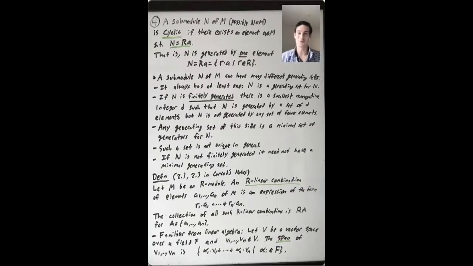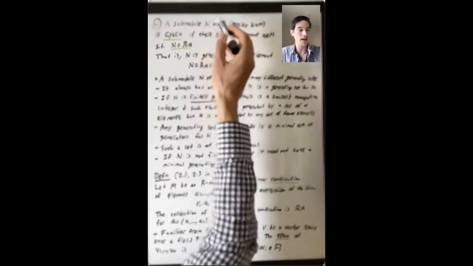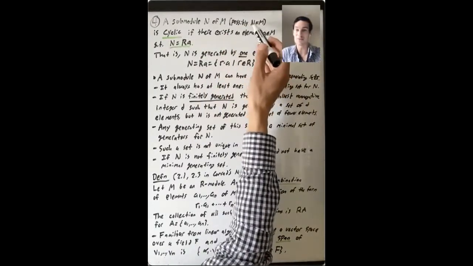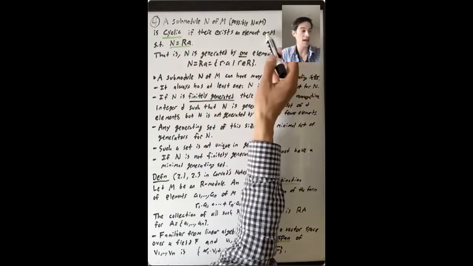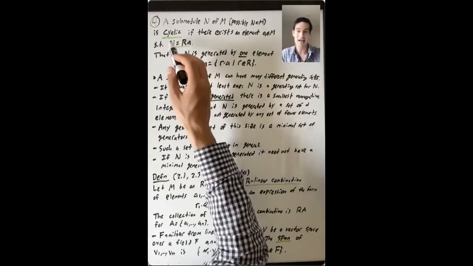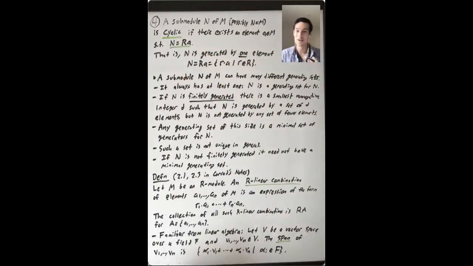When we talked about groups, there was a certain kind of subgroup that got a special name, one generated by one element, the cyclic subgroups. And when we talked about ideals, there were certain kinds of ideals that got special names, the principal ideals, the ones generated by one element. So what is the corresponding thing for submodules? A submodule N of M, possibly including the case where N equals M, is called cyclic if there exists an element A in M such that N equals R times A. What does that mean?